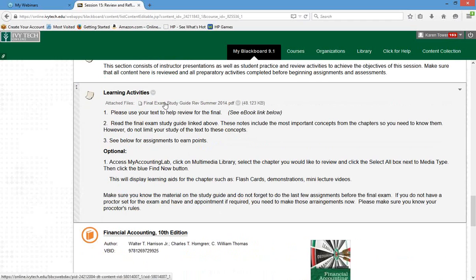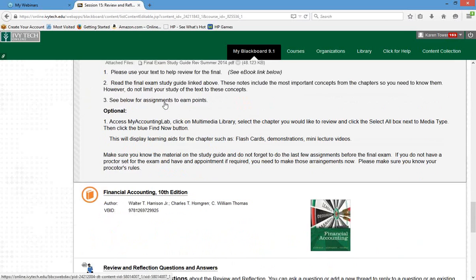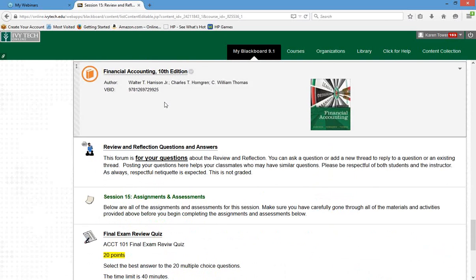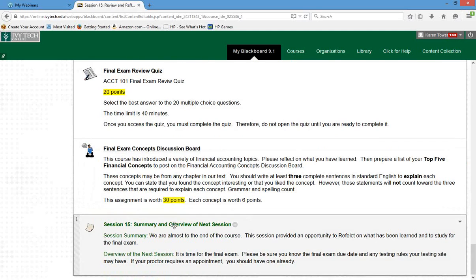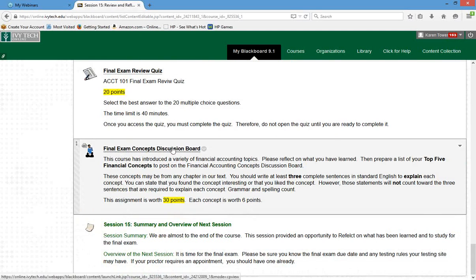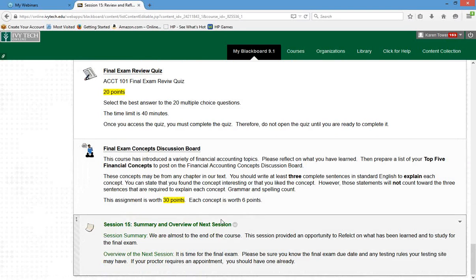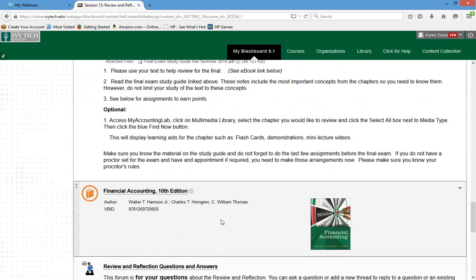If you haven't scheduled a proctor date yet for your exam, you'll want to get that done. And then you will have a review quiz that week, as well as making sure you do your discussion concept board, which is worth 30 points, and you will not want to miss those 30 points. So I wanted to point that out to you.